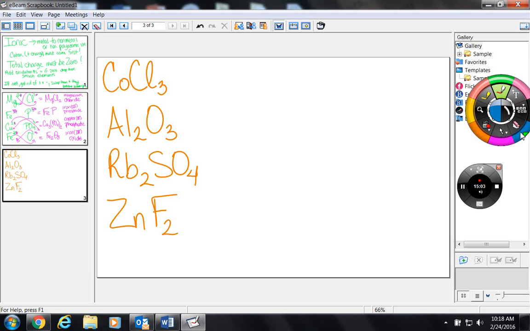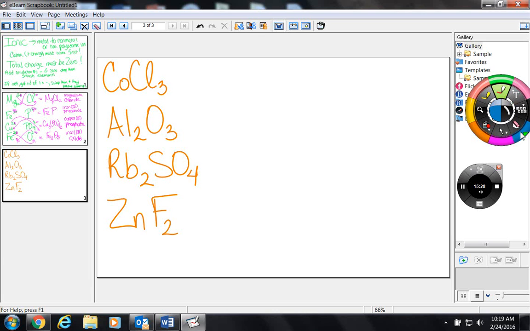The 3 goes back up. Part of it's knowing what's a transition metal and not. Part of it's knowing what's a polyatomic and not. This is why I said you got to have everything out and be writing this down.